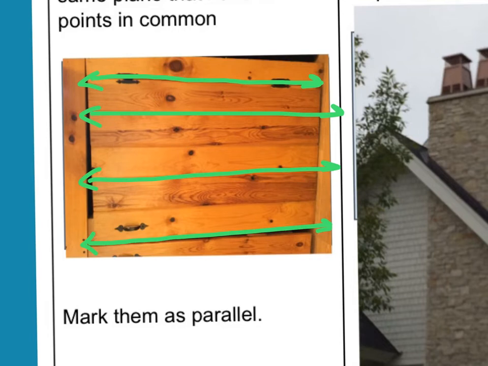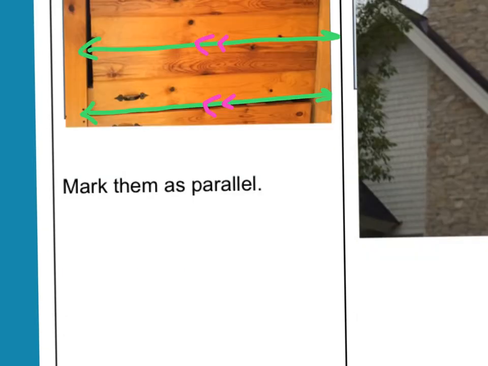So even though the perception is different than reality, I'm using these little arrows to show that those lines are parallel, or that I want them to be parallel. So now you have to assume that those lines are parallel.